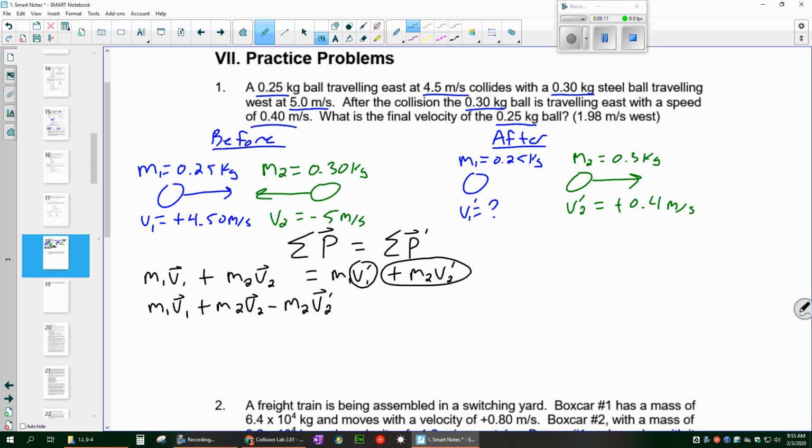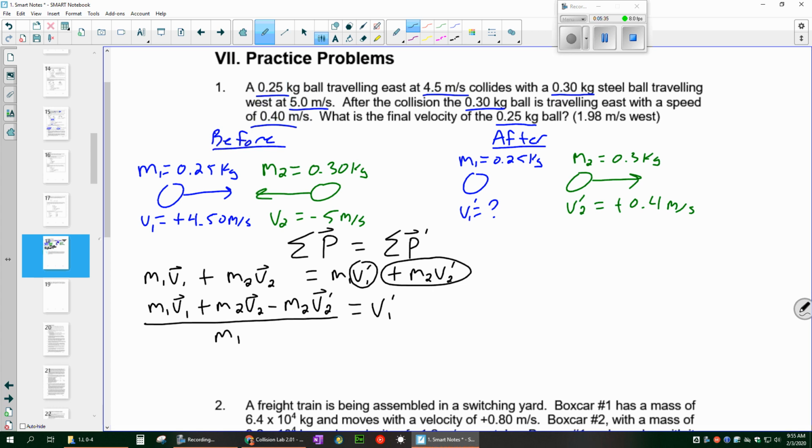To get rid of that M1, I would just divide both sides by M1, so it goes to the bottom. So that's all over M1, and that's equal to V1 prime. Okay, and then after that, we're just throwing stuff into our equation, making sure that we get our directions right. If it's negative, it goes in as negative, positive goes in as positive. So can you guys do that for me?